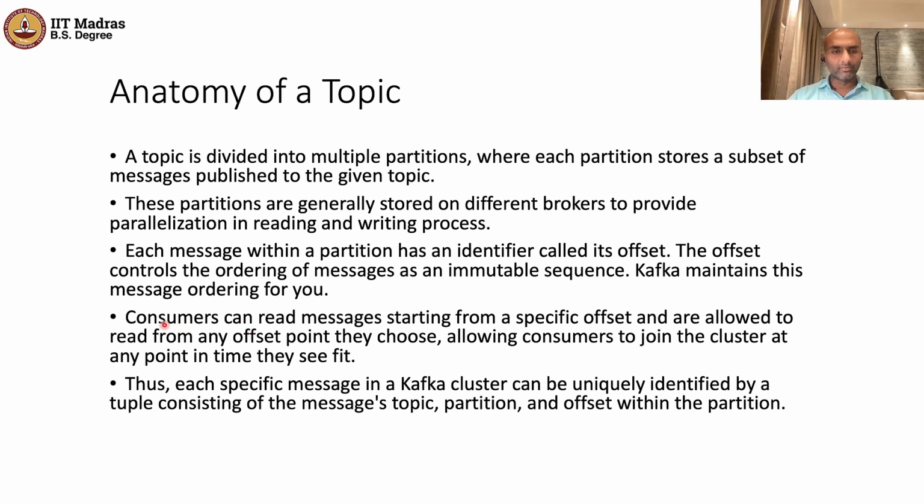Okay, so consumers, when they start reading messages from a partition, can of course initialize the offset to begin at the beginning of the queue, but at any point in time they can set the offset to a specific number and read only the messages from that particular offset.